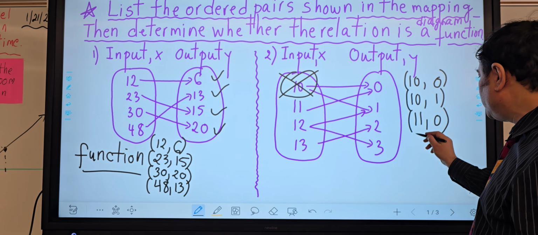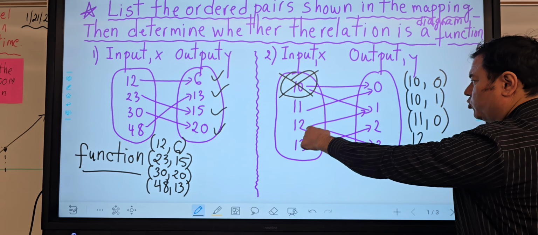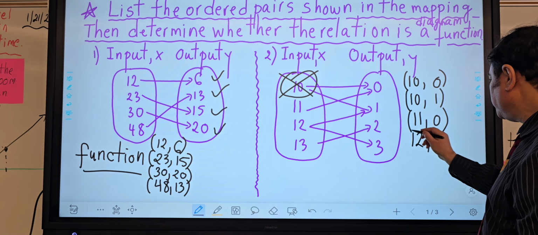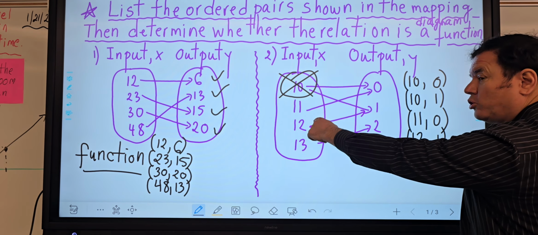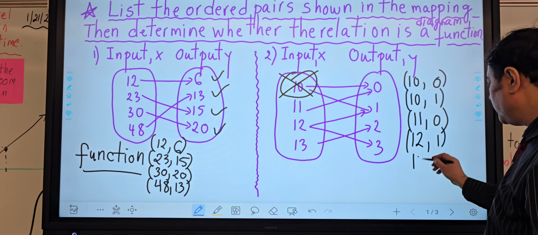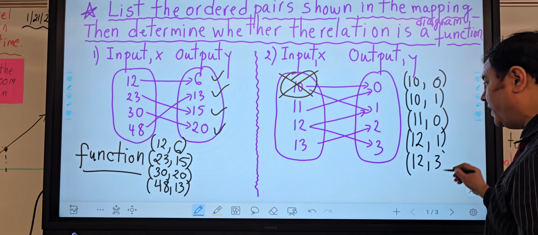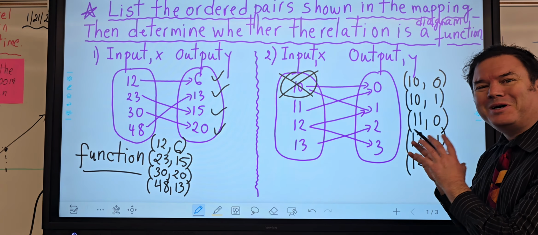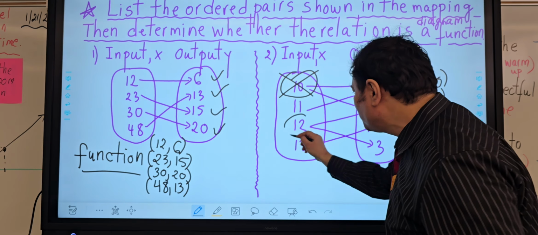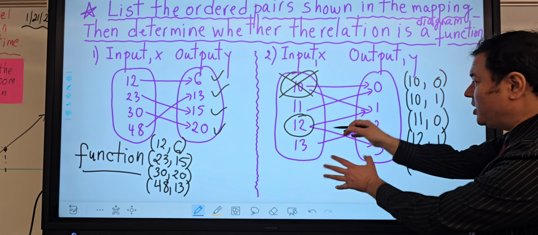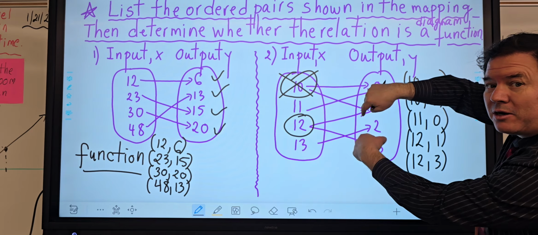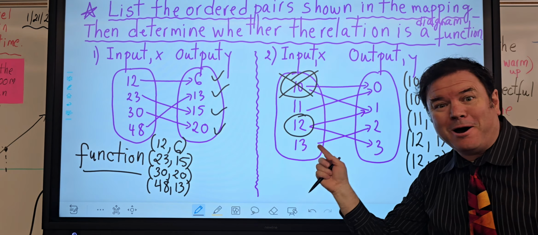Now let's take a look at 12. We have 12 goes to 1 for the ordered pair, and also 12 goes to 3. And 12 is also a red flag. 12 is also a problem because for one input there are two outputs, and that's a no-no.